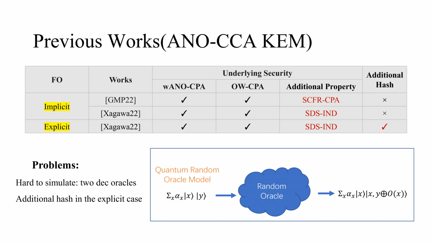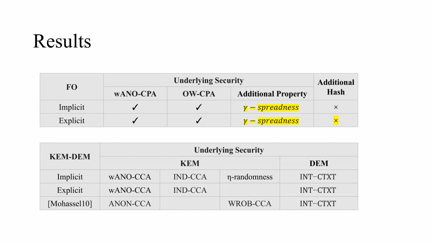Maybe someone needed SCFR-CPA security, and Saito needs the additional property of SDS-IND security. These two securities for us are additional, and we only require the Gamma-spread property. This is quite common and can be achieved by these schemes.